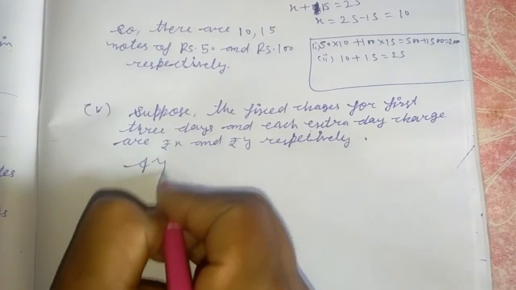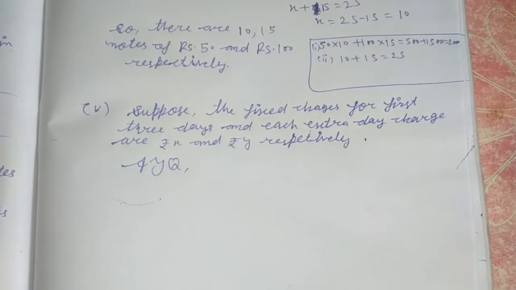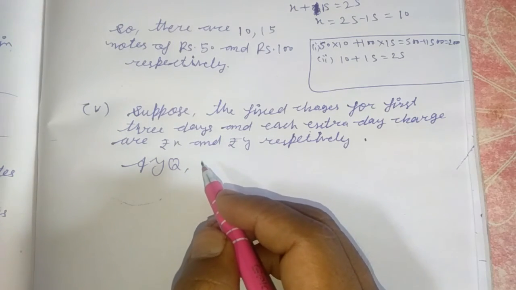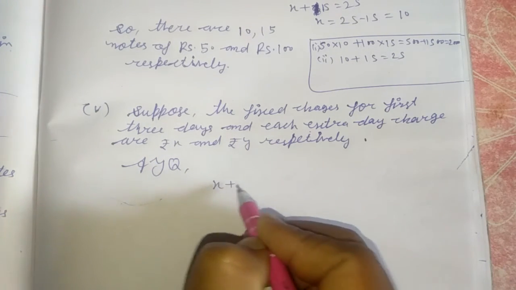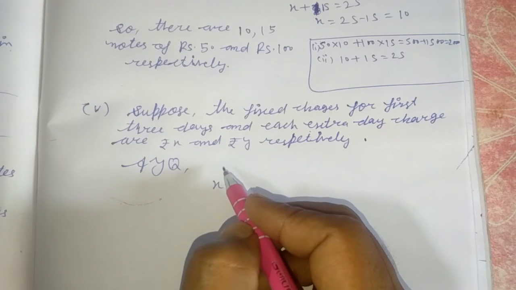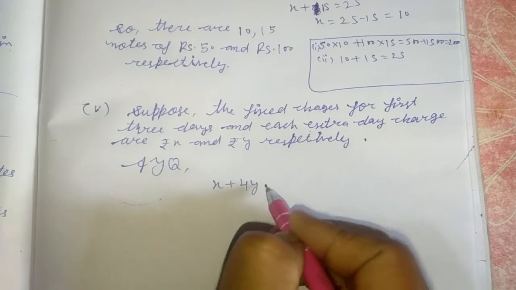Now according to the question, we write here: Sarita paid 27 rupees for a book kept for 7 days. So 27 rupees means x plus, for first 3 days, and 7 days, therefore 3 days will be subtracted from 7, you will get 4, so 4y.